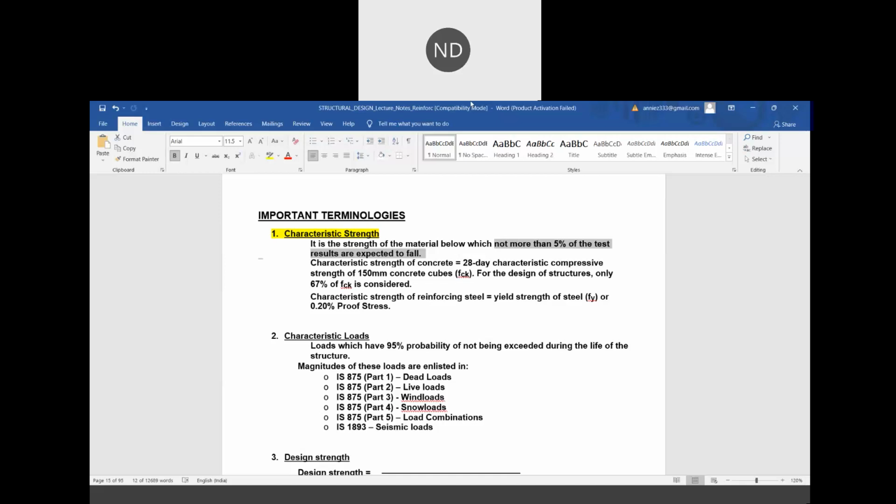The characteristic compressive strength of a 150 mm concrete cube at 28 days is fck, as I told you before. For the design of structures, only 67% of fck is considered.